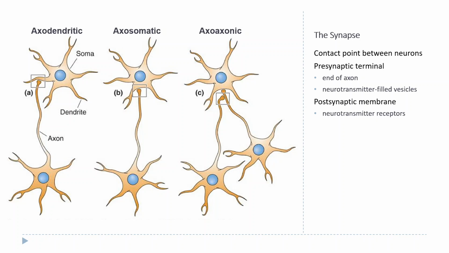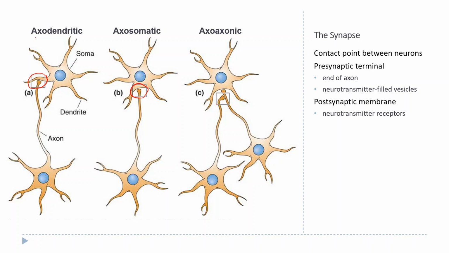If the synapse is between an axon and the dendrite of a neuron, we call it axodendritic. If the synapse forms on the cell body or the soma of another neuron, we call it axosomatic.